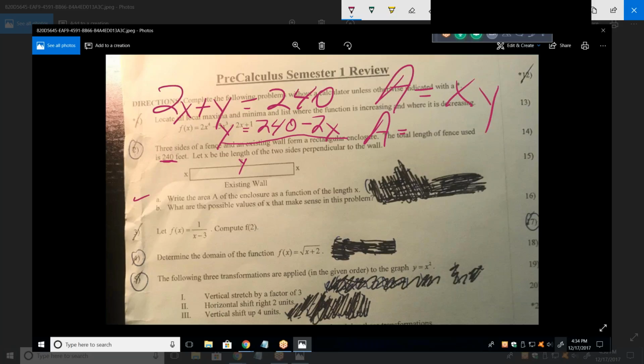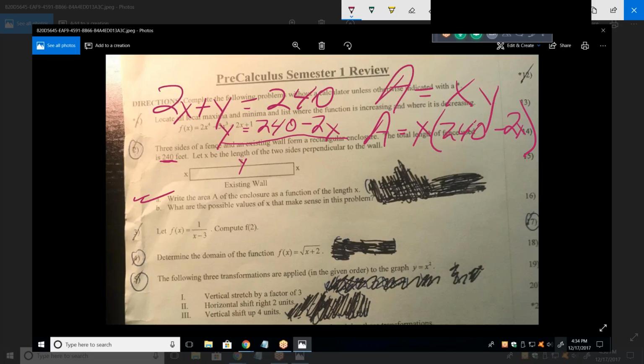But what's y equal to? The 240 minus 2x. Okay, so what's area equal to? Isn't it just 240 minus 2x times x? And that's their answer. I mean, that is an answer for that.